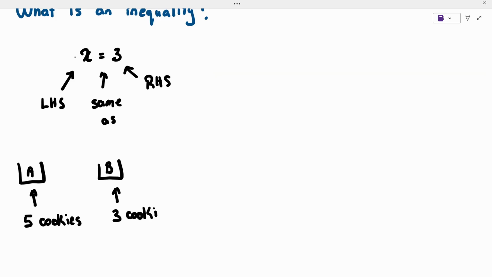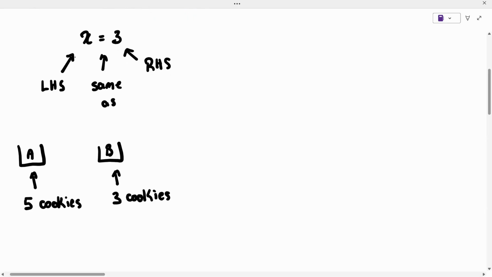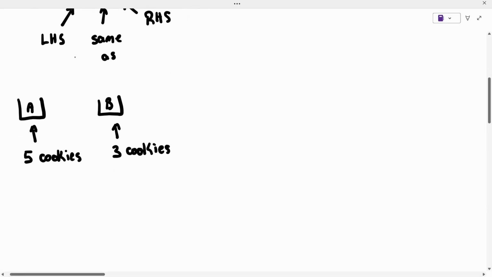Then I could compare the number of cookies in these boxes and I could say, okay, box A has more cookies than box B. So what I just did is I assigned a value to these unknowns A and B, and then I compared them and I made a conclusion. I said, okay, A is greater than B.